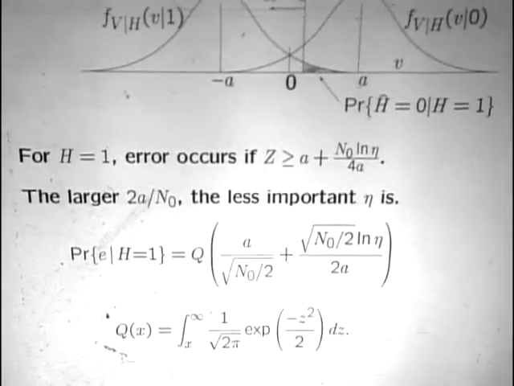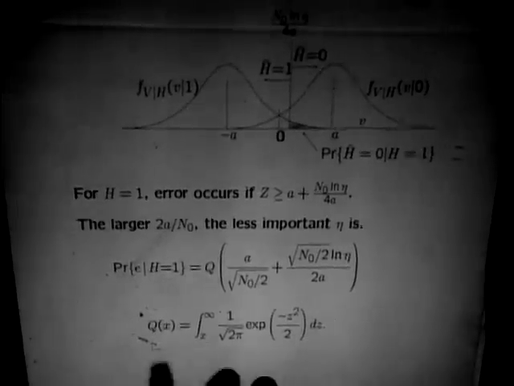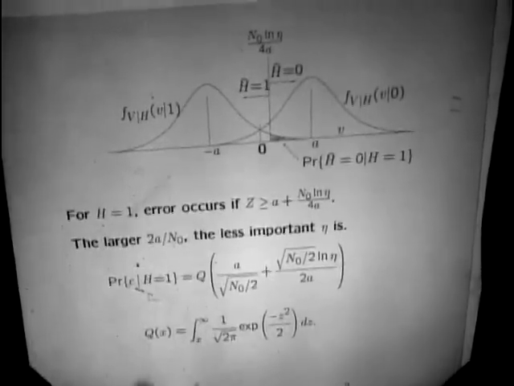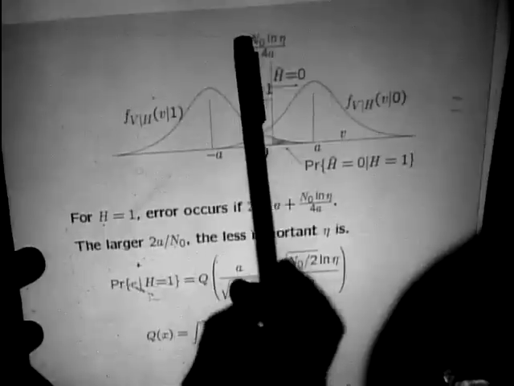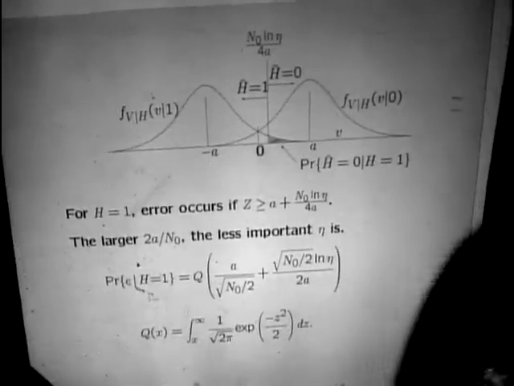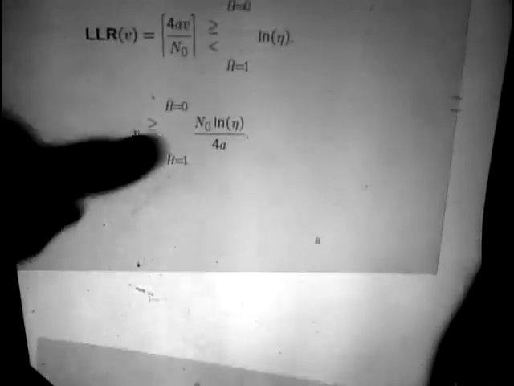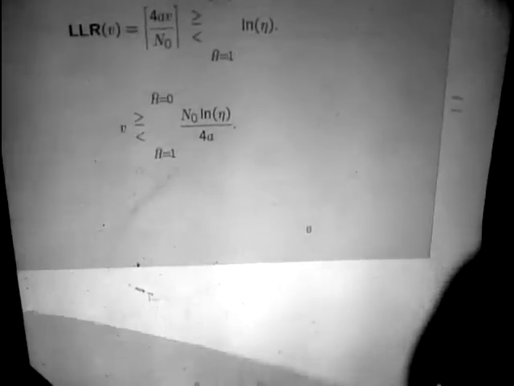And at this point, we can go back to this picture and sort out what all of it means. Because this point here is now the threshold. It's n0 times log of eta divided by 4a. That's what we said the threshold had to be.